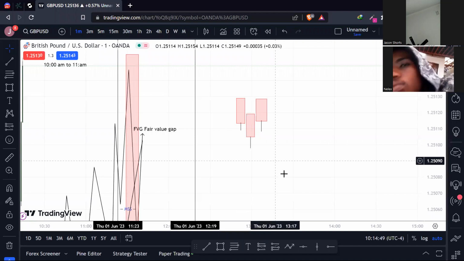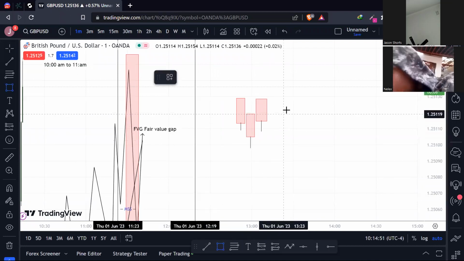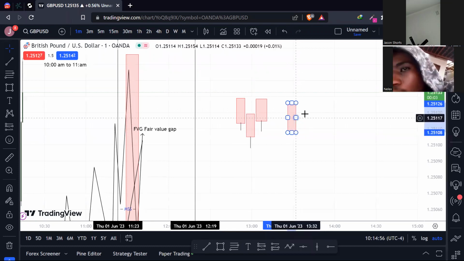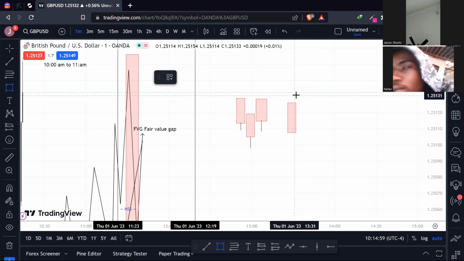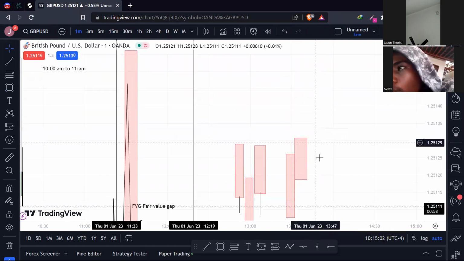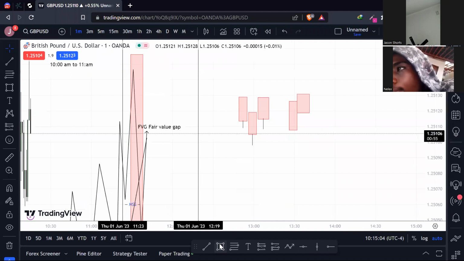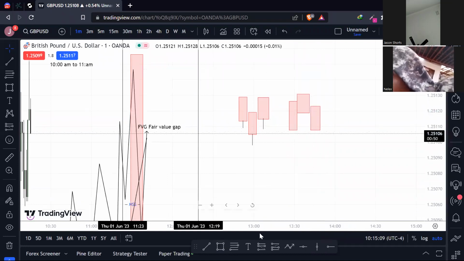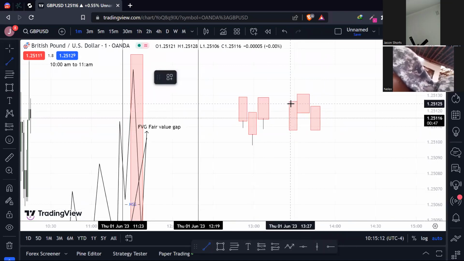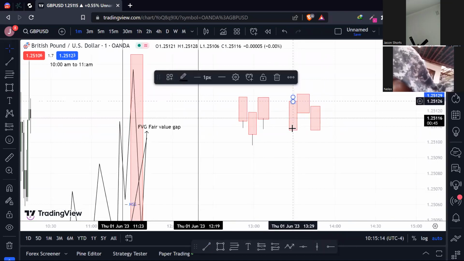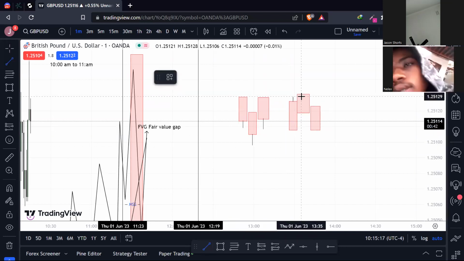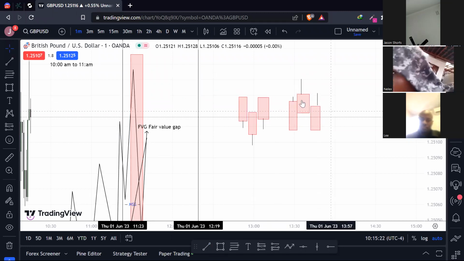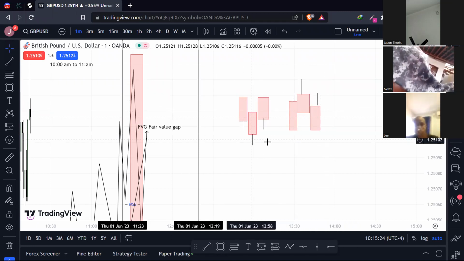If it creates the opposite, like this, this is called the swing high. So why is it called the swing low and swing high?